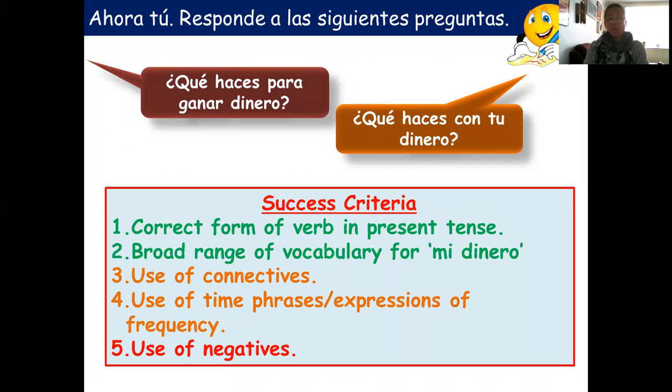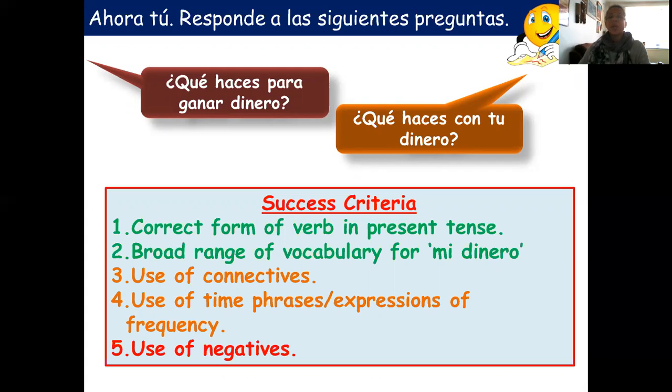Use connectives to make your sentences complex and make the writing more fluid. Use time phrases as you read in that text, and expressions of frequency, and use negatives. Okay, and I'm using negatives in that text. So you're going to stop the video and allow yourself about 15 minutes to answer these questions. They don't need to be as lengthy as the text that you read, but around that.